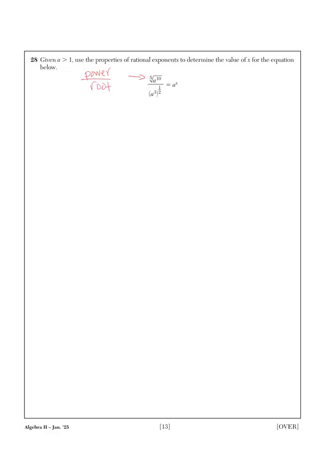So we are going to take this radical and de-radicalize it. We're going to make this a fractional exponent. So I'm going to start with a, and then the numerator will be the power, which is 10, and the denominator will be the root, which is 5.